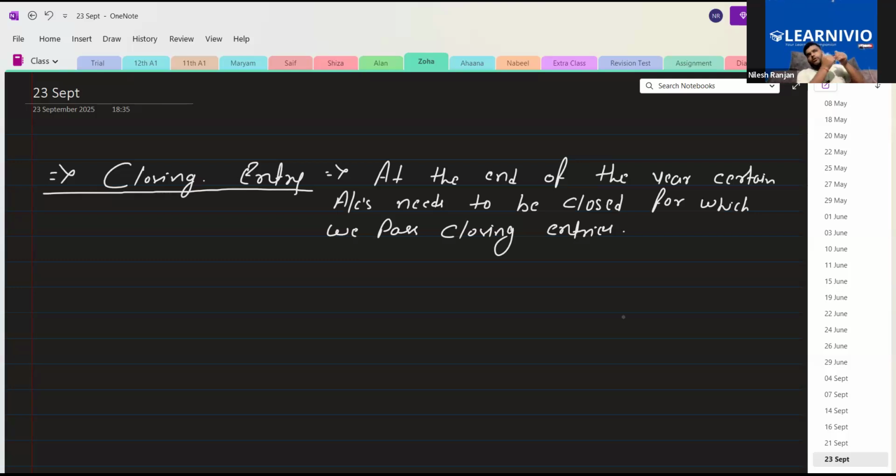Whatever balance we get in the trading account is transferred to the profit and loss account. Then in the profit and loss account, we record all the indirect expenses, like salary of staff, telephone expenses, electricity expenses, stationery, printing, postage, audit fee, depreciation, which are not directly related to purchase or production. By comparing with the gross profit, we calculate net profit or net loss.